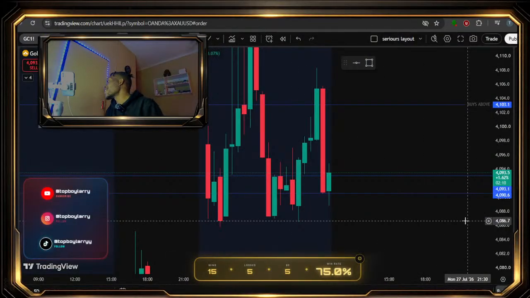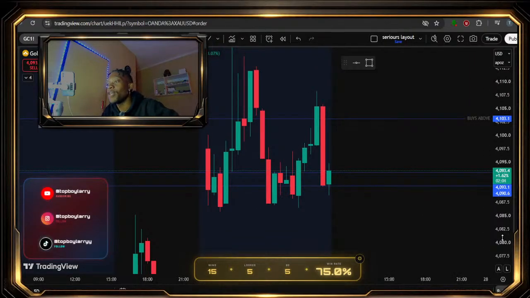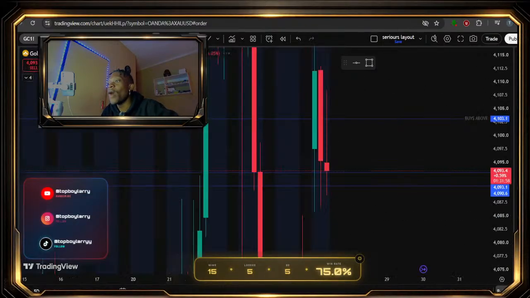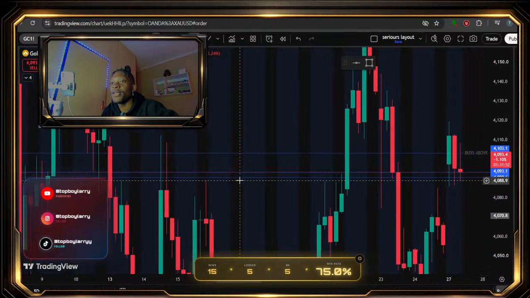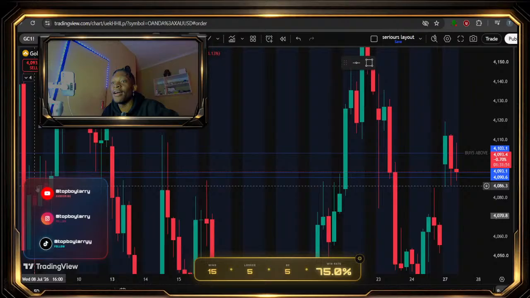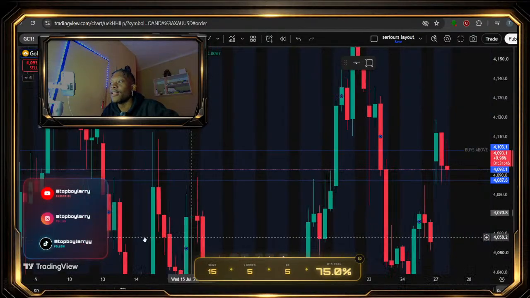2 minutes to a closure, guys. Let's see what type of closures we get, and we're probably gonna get a good move here. I'm interested in the buys. Why am I interested in the buys? Because you see the 4 hour, even if it's bearish, we did tap resistance in this area here, right? There's a lot of chop.